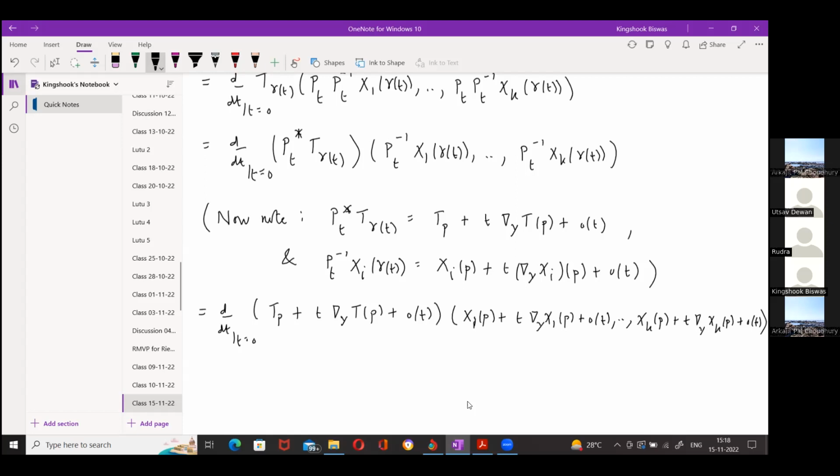Right? So what happens when I expand? I'll get a constant term, d/dt at t equal to 0 of, so I'll get a constant term, T_p of x1(p) up to xk(p), plus, then I'll get t times what?